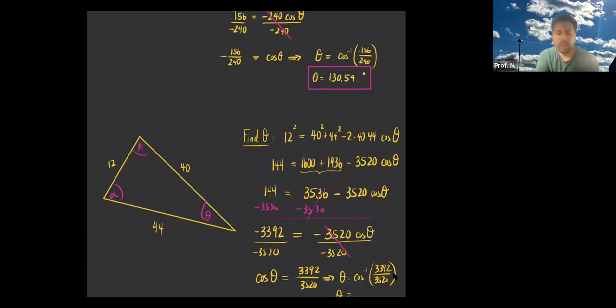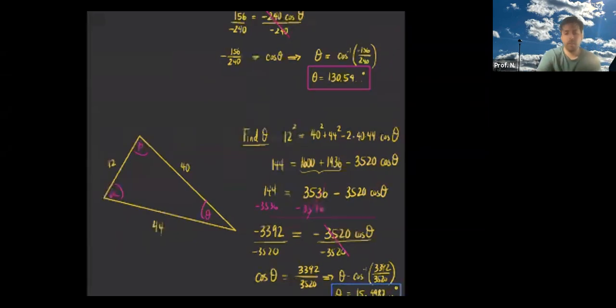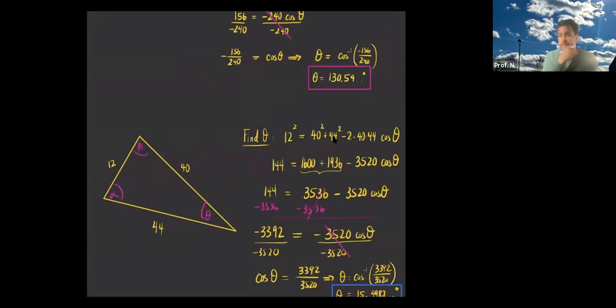When you press enter, I get 15 degrees. So 15.4987... degrees. That's the angle of theta. Again, I used law of cosines. I set it up correctly.